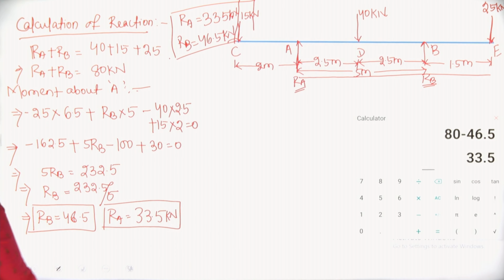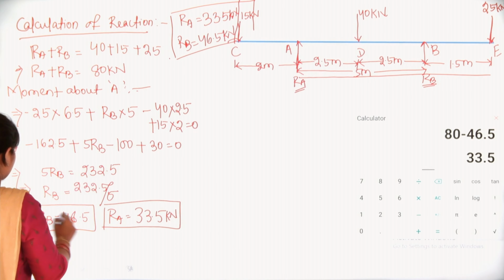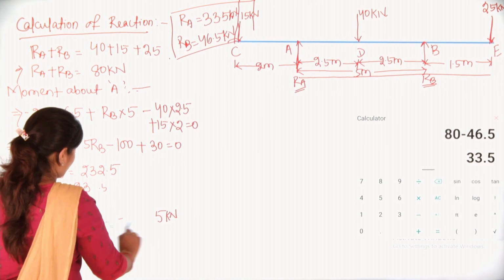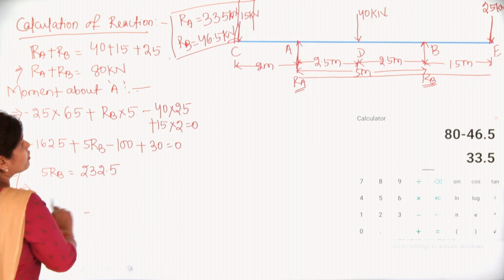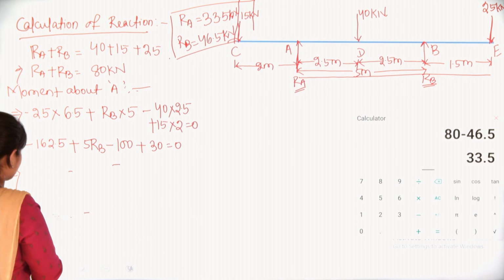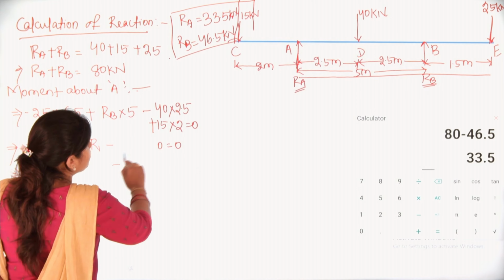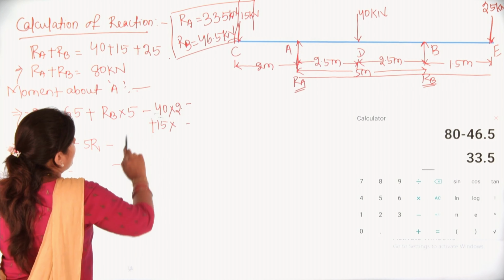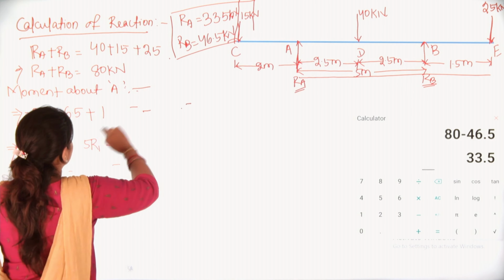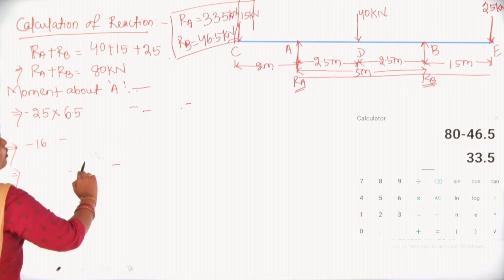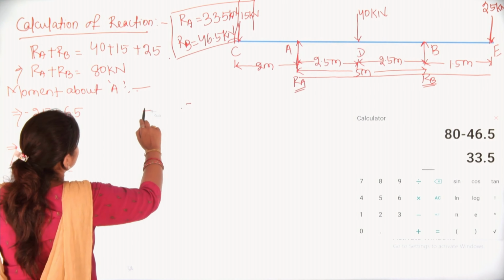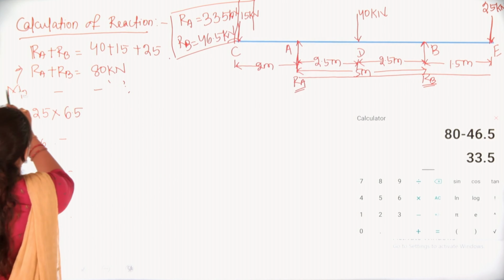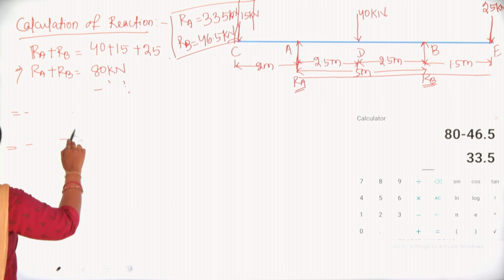Now our work is to find out all the forces. Here you can see the forces will be generated at points A, B, C, D and E. Our work is to find out forces first from the right hand side. So let's calculate the forces.